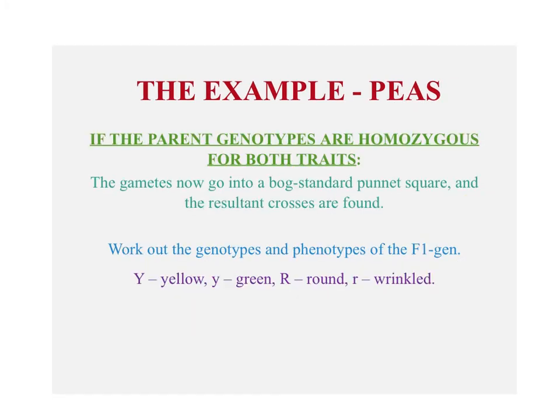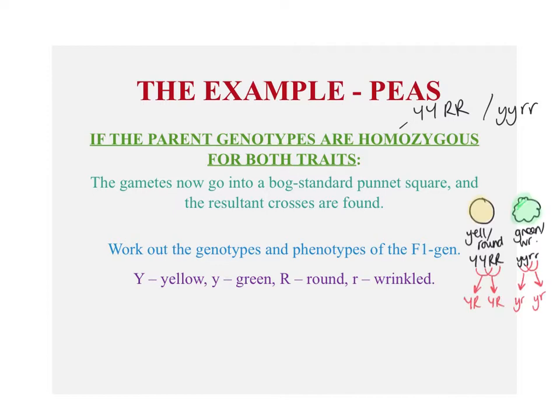So if our parents are homozygous for both traits in their genotypes, like we've seen, we've got two big Ys and two big Rs, or two little ys and two little rs, then we just do a very simple Punnett square. So we saw from our previous slide that when we're looking at our gametes from these two homozygous parents, we've only got one type of gamete for each.